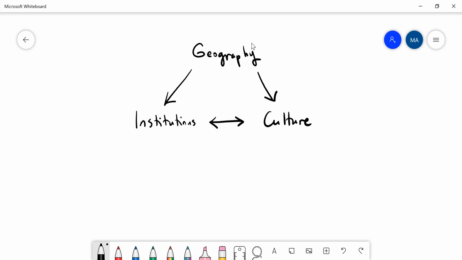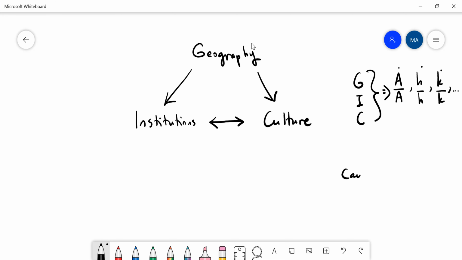And all of these three things, geography, institutions, and culture, affect how we accumulate technology, how we accumulate human capital, how we accumulate physical capital, and perhaps other stuff, right?